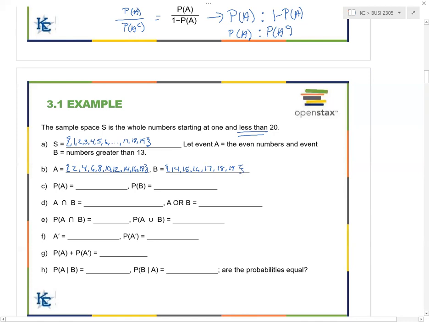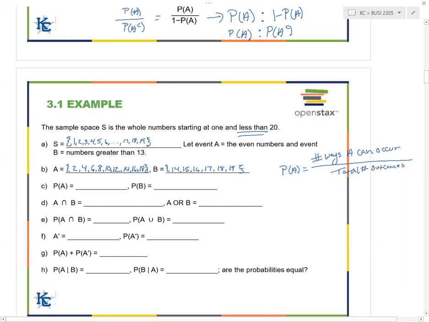If we want the probability of A, when we're talking about probability, it's simply the probability of an event is the number of ways A can occur over the total number of outcomes.